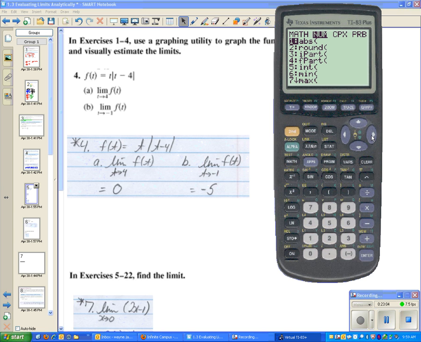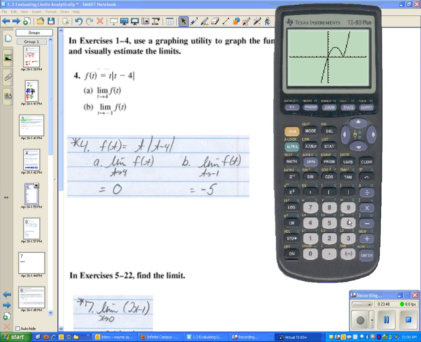There it is, under math and then number. Then I'll graph that. All right, so what's the limit as x approaches 4? 0, isn't it? And what's the limit as x approaches -1?